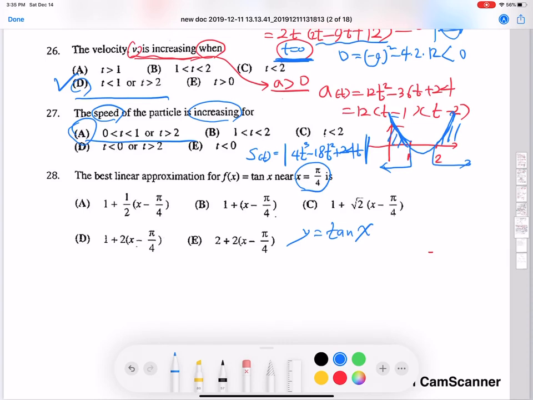So derivative of y is what? 1 times dy equals tangent x derivative, secant square x times dx. Okay. So what is dy? That's the question. What is dy? Okay. If x is pi over 4, what is f of pi over 4?